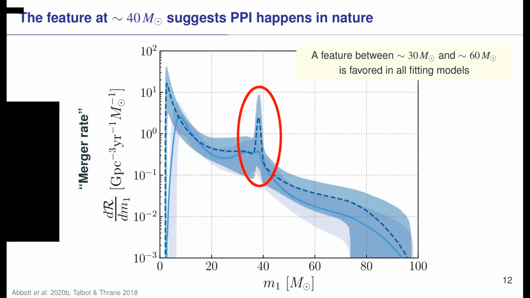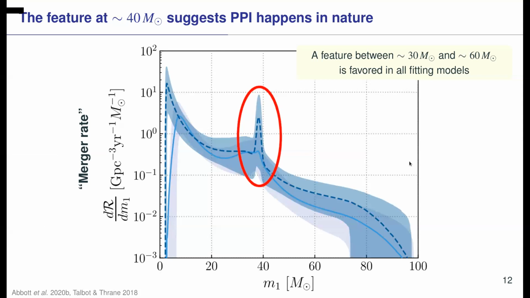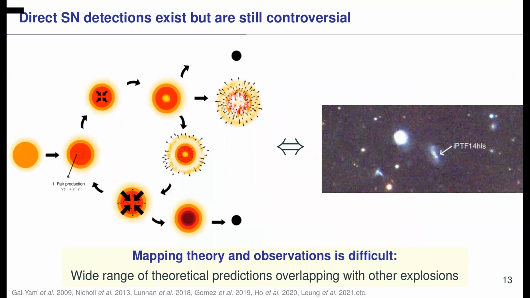Okay, if there are no more questions, I wanted to spend a few words on the other evidence that doesn't come from gravitational waves. There are direct detections of astrophysical transients that have been interpreted as pulsational pair-instability supernovae. iPTF14hls is one famous recent example. The problem is that all of these detections are controversial.